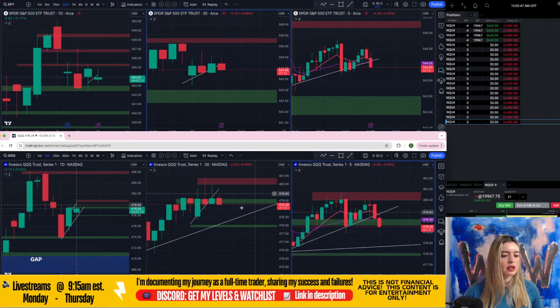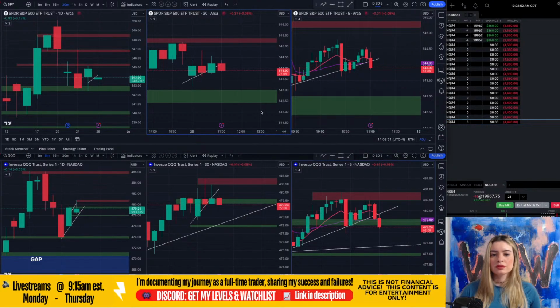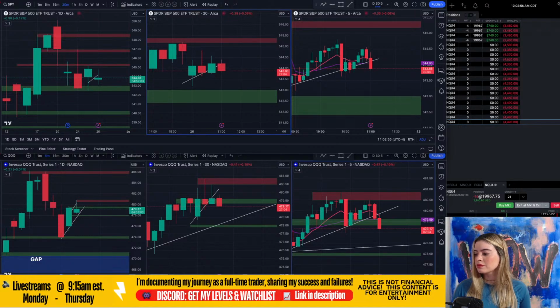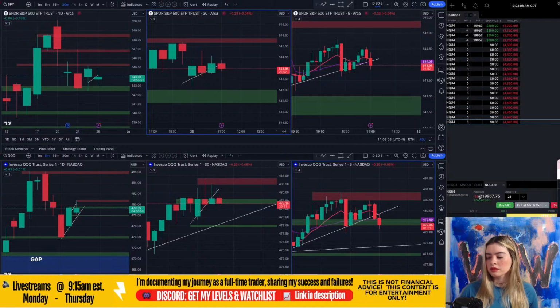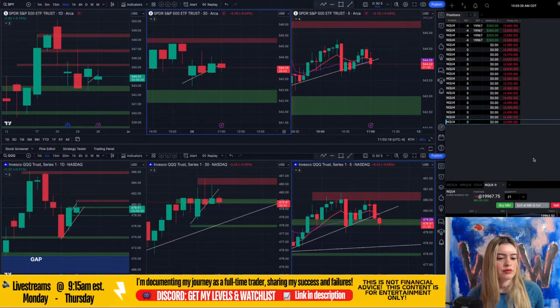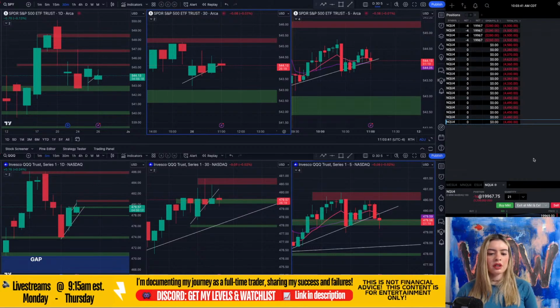Look at these ugly 30-minute candles, and still holding. If this candle closes holding the VWAP, I'm getting out and done for today. I'll leave for this morning.